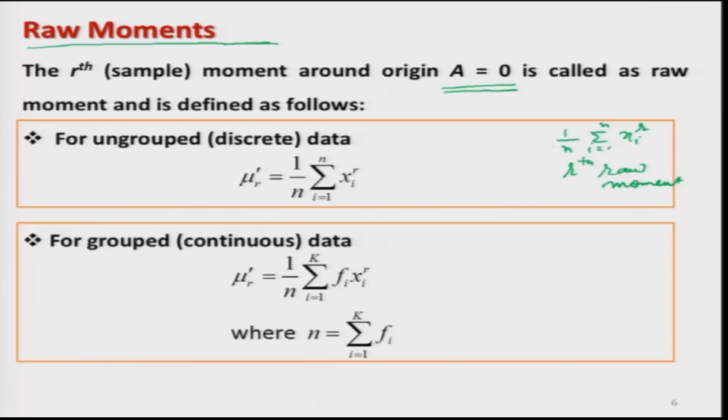So, the rth sample moment around the origin is called the raw moment, and is defined like this in case the data is discrete.